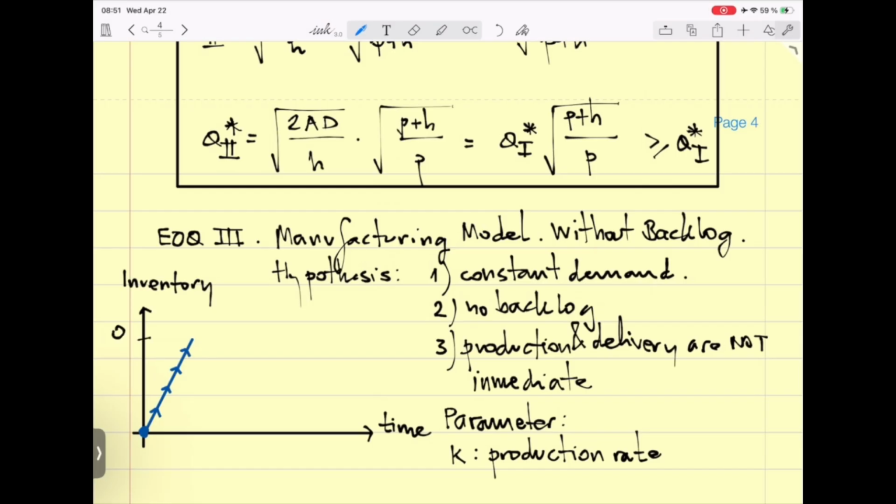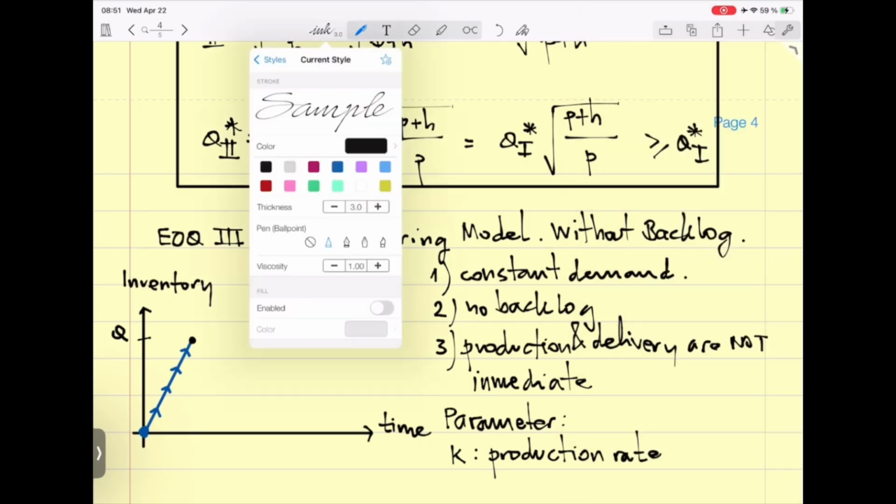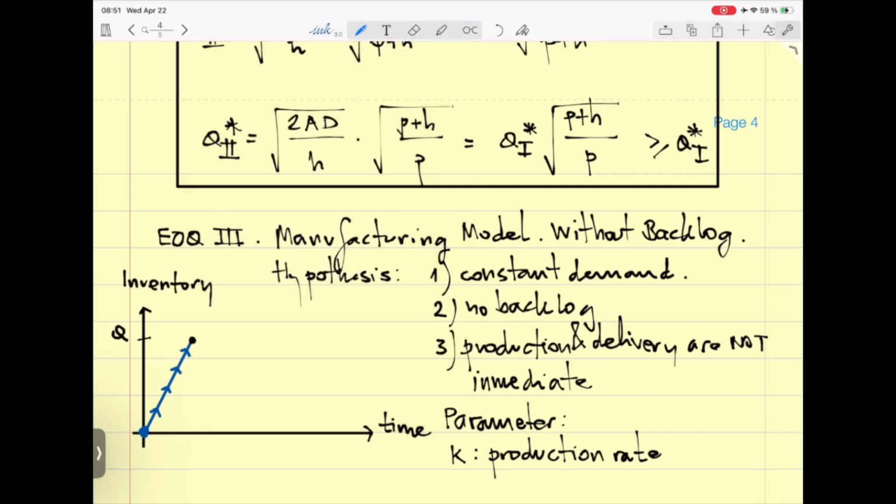This is Q. Because demand is constant again, the depletion of the inventory is also a line, a different slope, and then it starts again from the beginning.